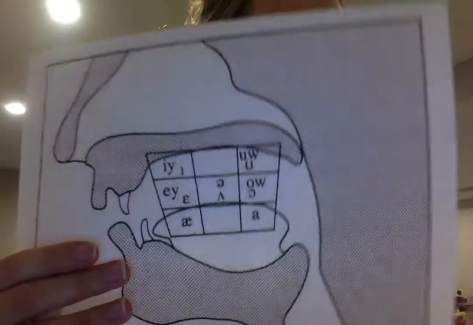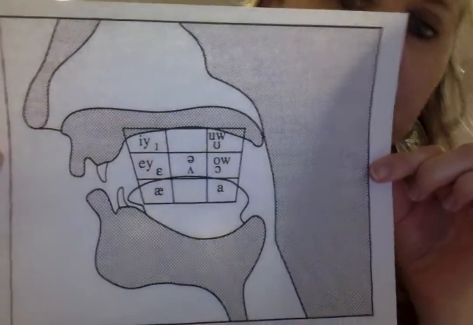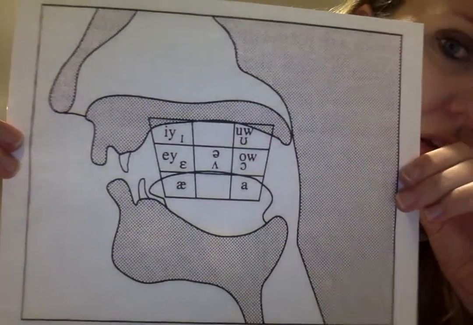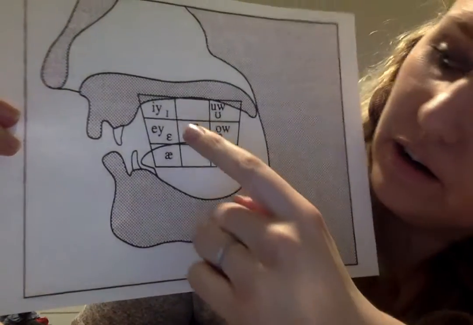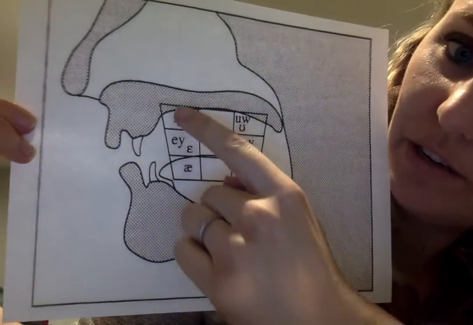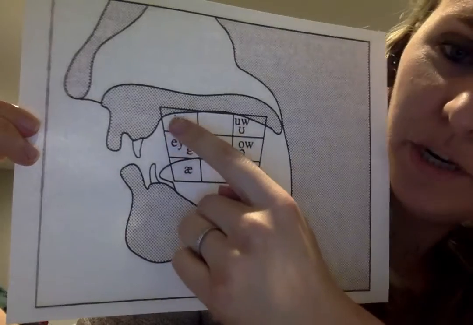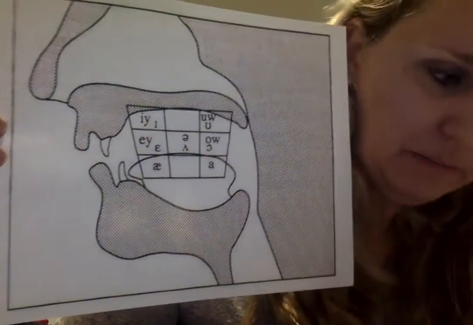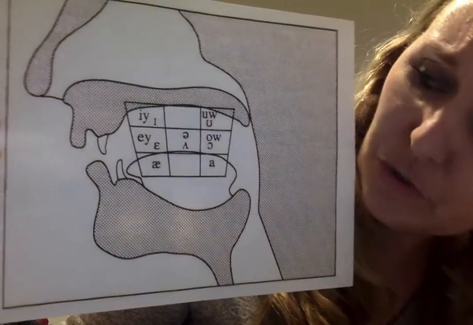So think front, and if we were to have a diagram, which I do have and we have looked at in previous days, it would look like this. So here is our diagram of the mouth. The ones that we are looking at are these ones here. So we are looking at the 5 here. So here we have E as in green.